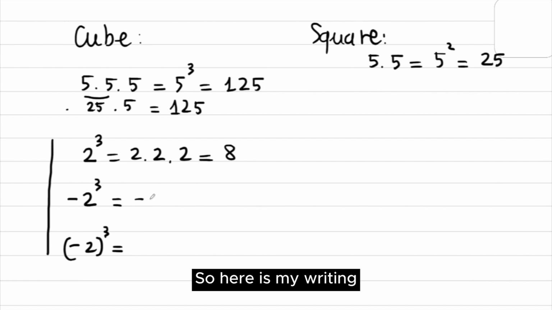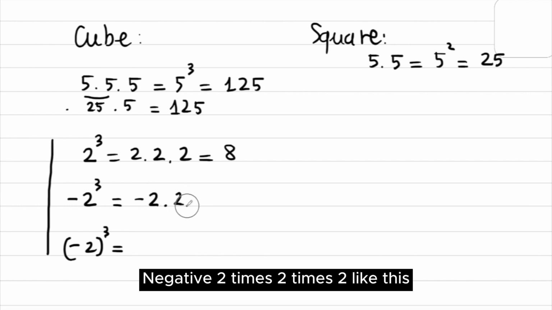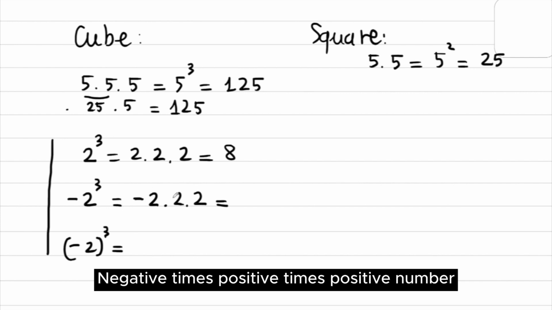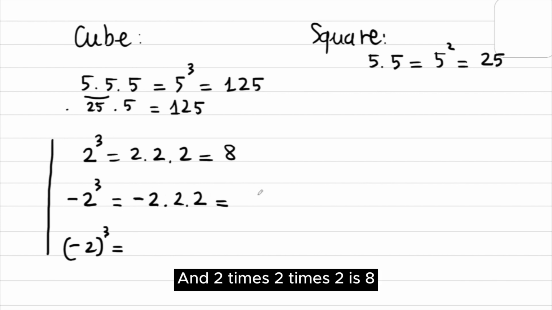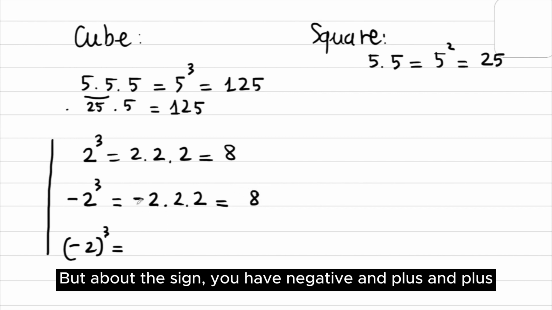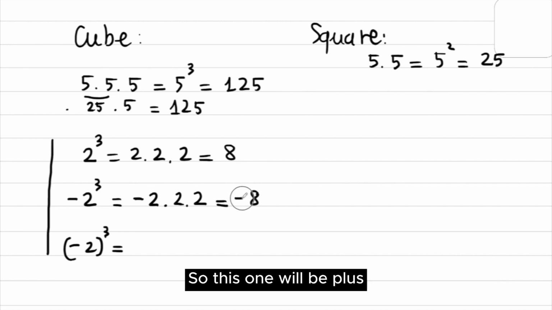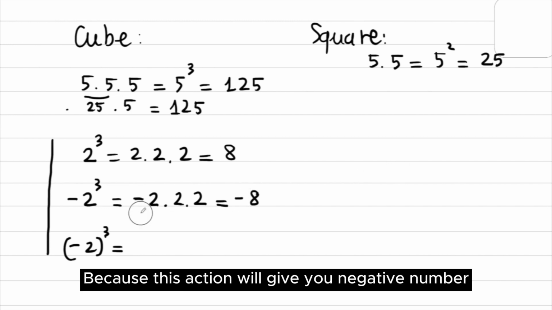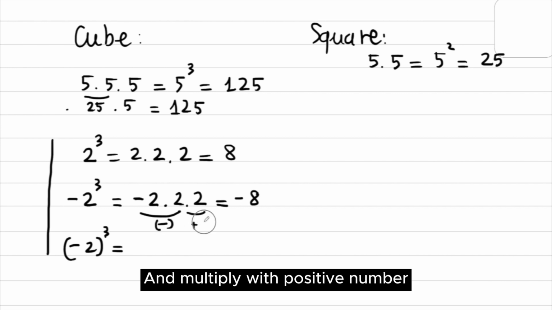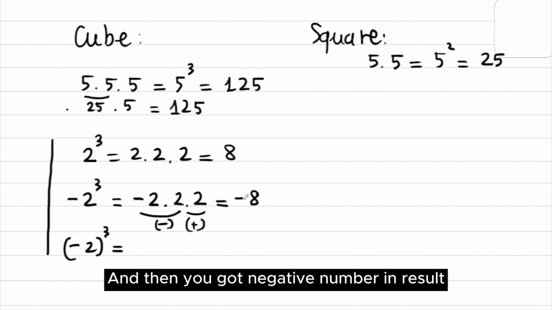So here is my writing, negative 2 times 2 times 2, and 2 times 2 times 2 is 8. About the sign, you have a negative number multiplied by a positive number, and then you get a negative number in the result.